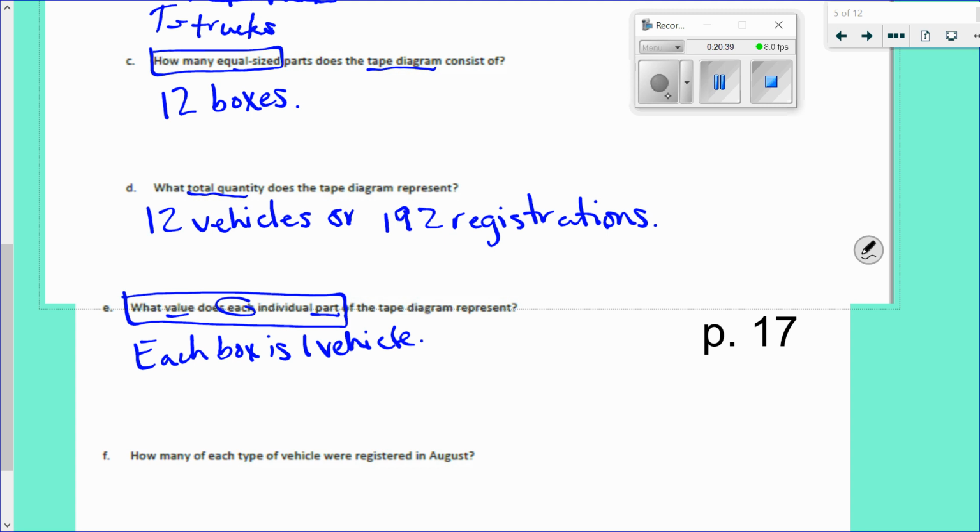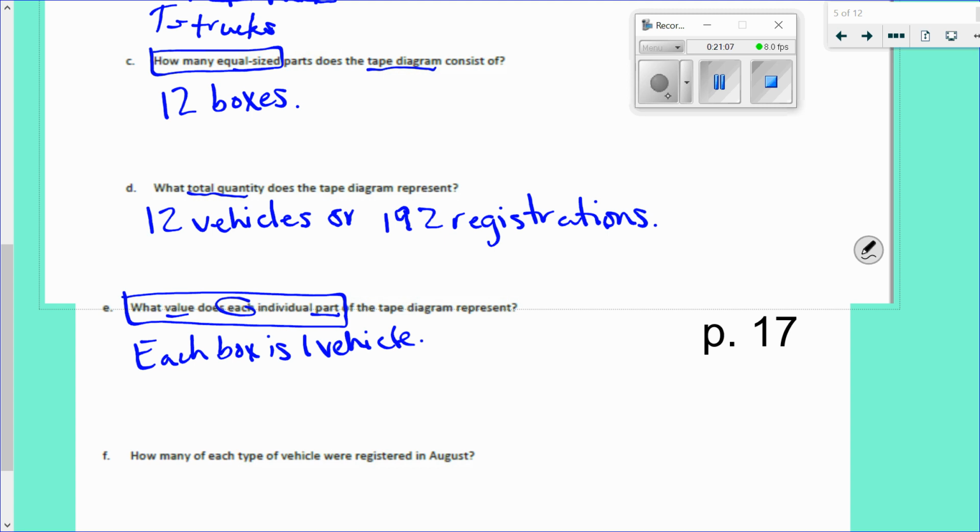Question? Okay, guys, let's go back to this again. 192 registrations represented by 12 vehicles, which were 12 boxes. So if I want to find out what each box is one vehicle, how am I going to figure that out? What do I need to do? Multiply what?